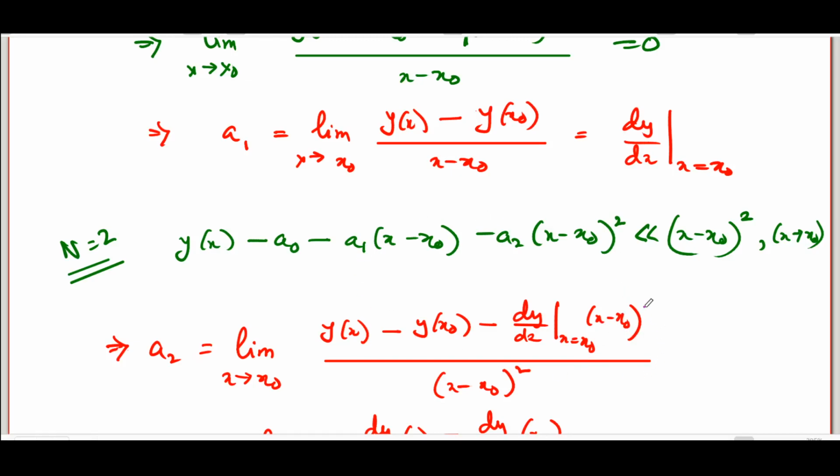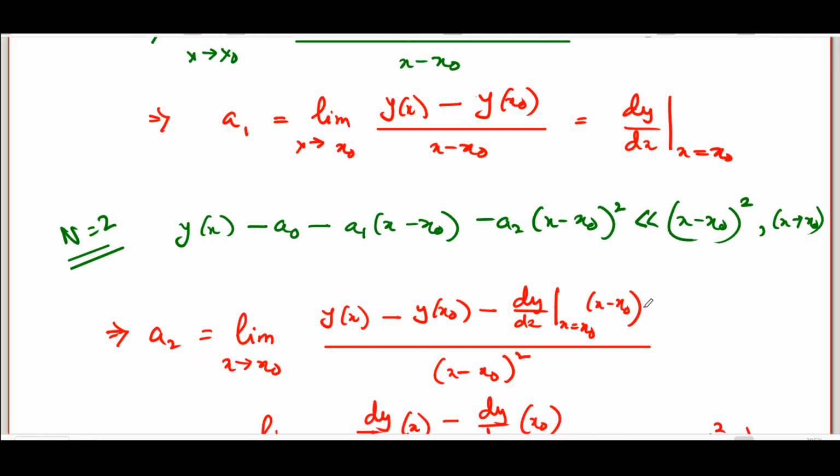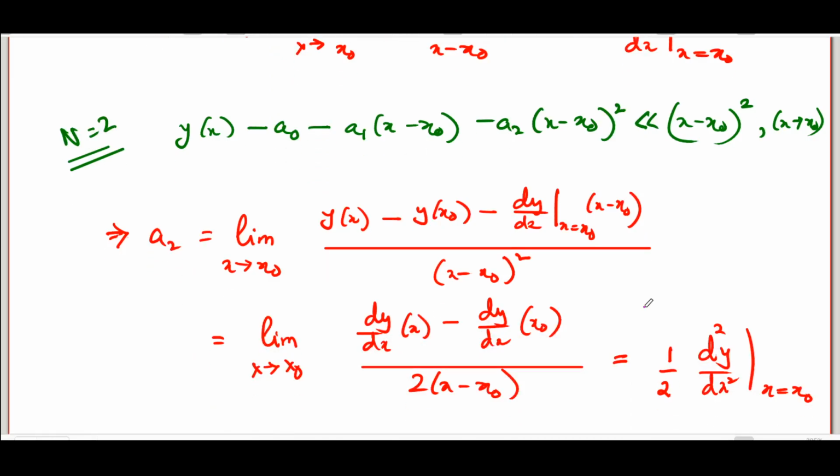Now, one quick, easy way of evaluating this particular limit is using L'Hopital's theorem, because if you do that, you immediately get that this ratio, which is of course of the form 0 by 0 as x approaches x0, is nothing but dy/dx at x minus, this term vanishes on differentiation, minus dy/dx at x equal to x0 with this yielding a1.